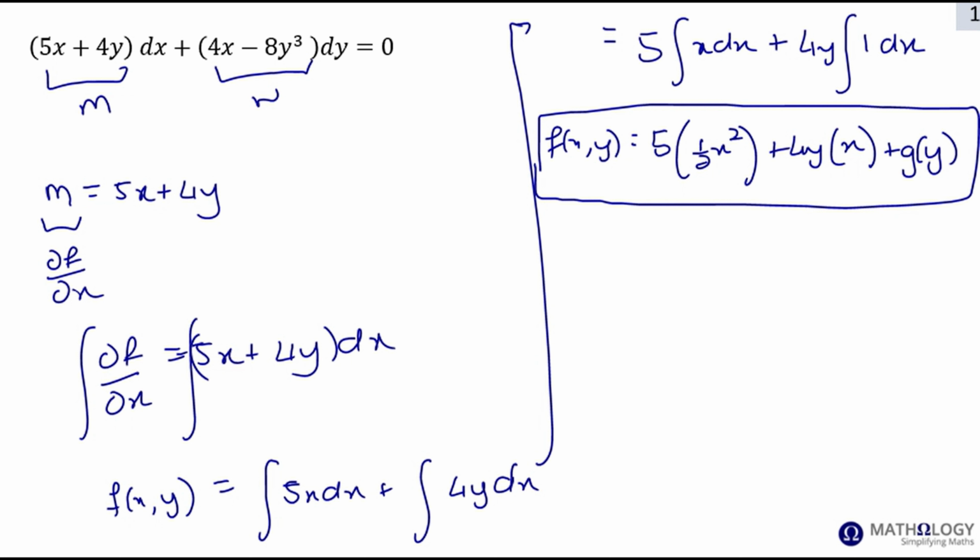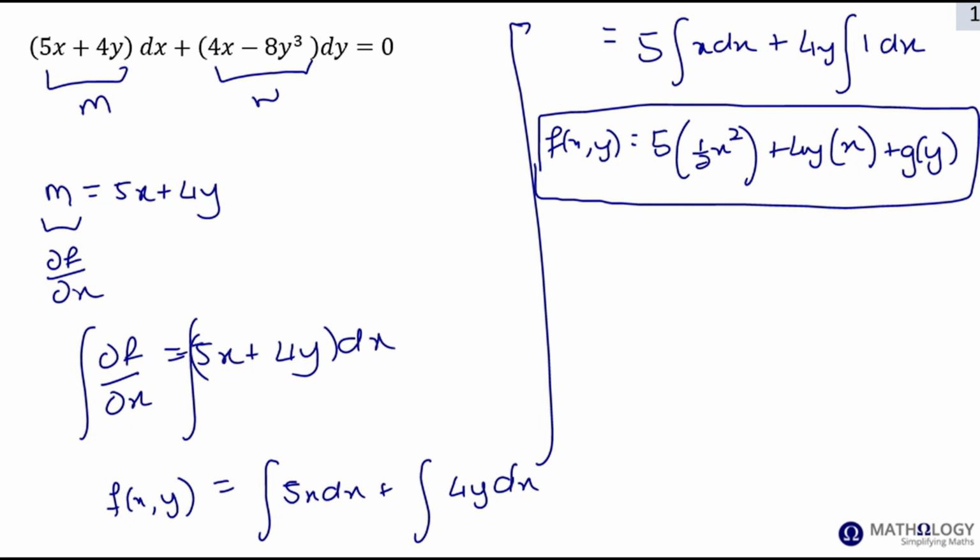So the derivative of a function that contains only the variable y is going to be 0. The derivative of a constant is always going to be 0. So that's why we call this g of y, not C.